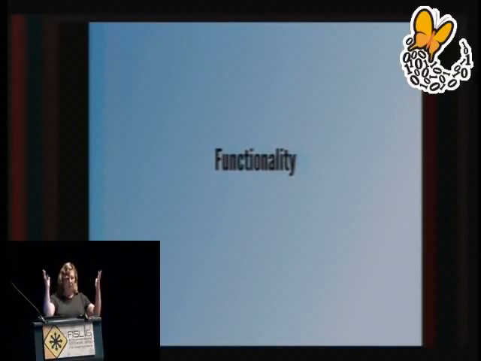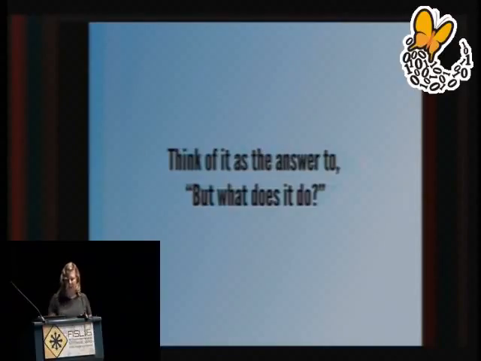Does it bombard visitors to your site with pictures of glittery cats, or does it take information or give information, whatever it does. The functionality is what patents are originally intended to protect. You could think of it as the answer to, but what does it do? And not all websites maybe have an answer for that, which is fine. I like looking at cats as much as the next person.